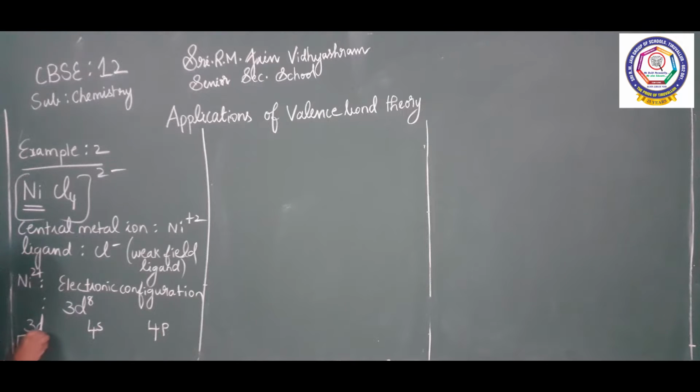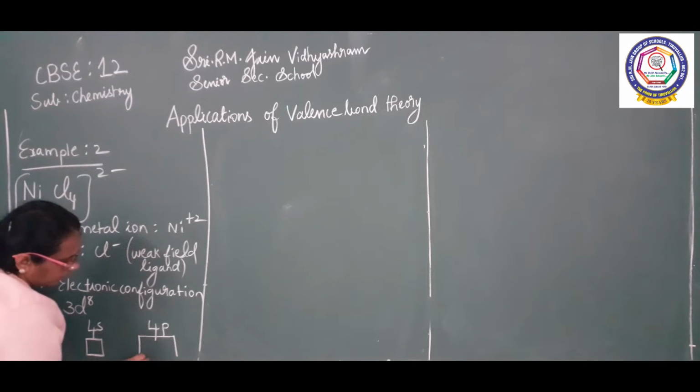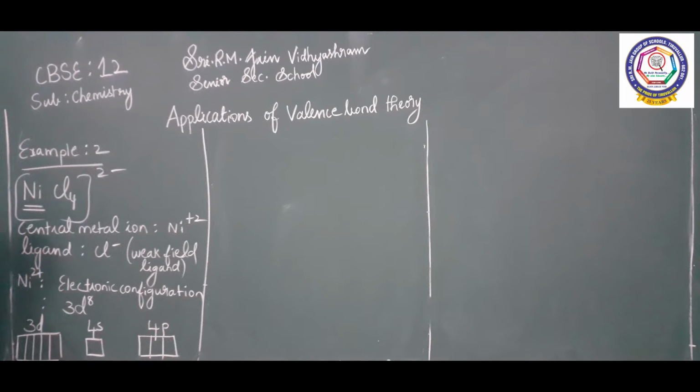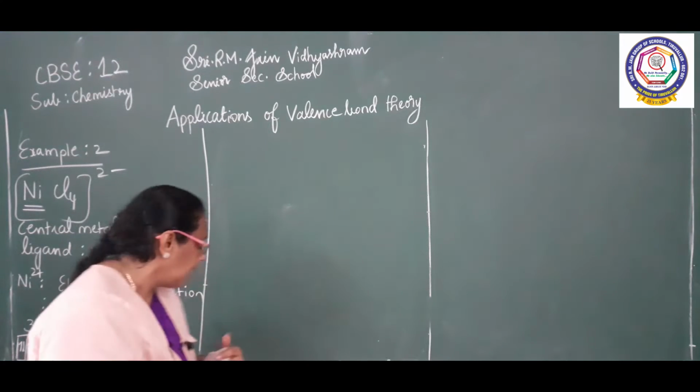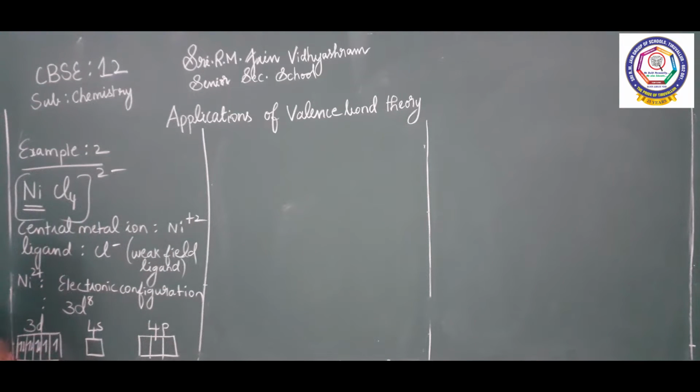In 3d there are 5 orbitals, in 4s there is only 1 orbital, and in 4p there are 3 orbitals. How should the electrons be arranged? 3d8, so in the 3d subshell I have to fill 8 electrons. So I have filled 8 electrons in the 3d orbital.